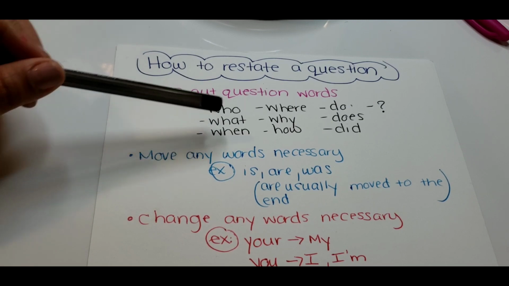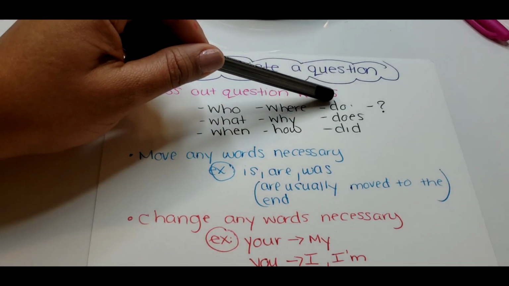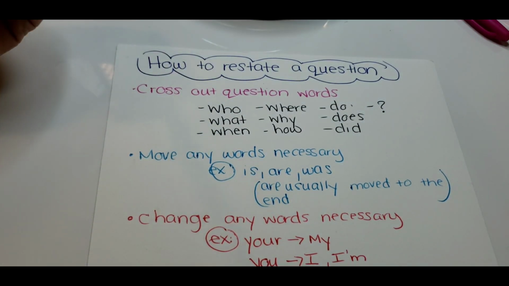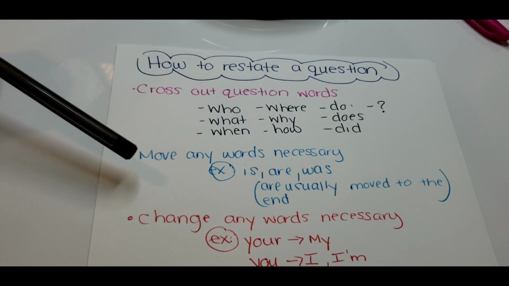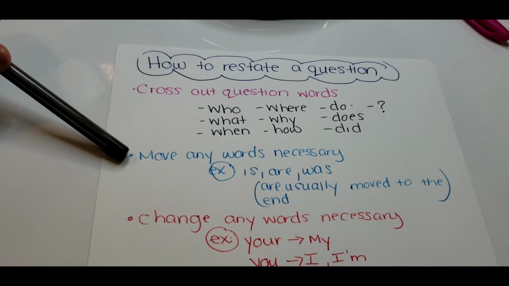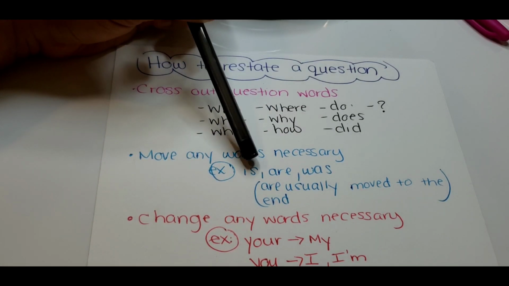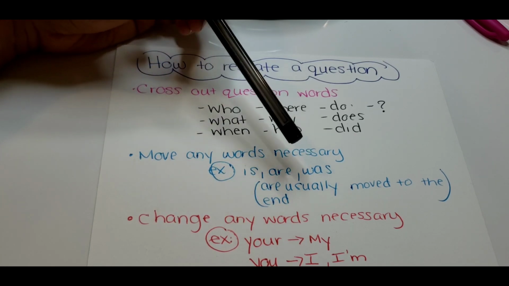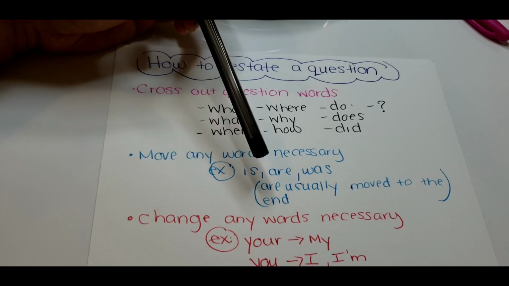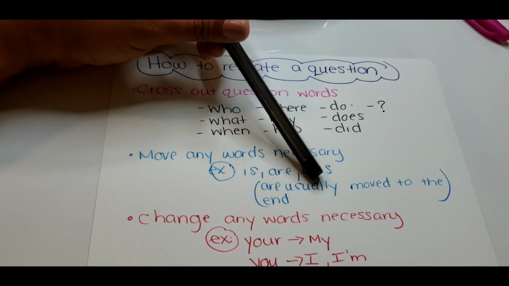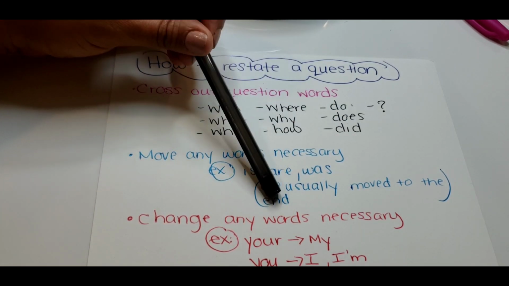Who, what, when, where, why, how, do, does, did, and the question mark has to be crossed out. Another step is that you move any words necessary. For example, you would move words like is, are, was to the end. You don't cross it out, you just circle it and you move it to another spot where it makes sense. And they're usually moved to the end of your restatement.